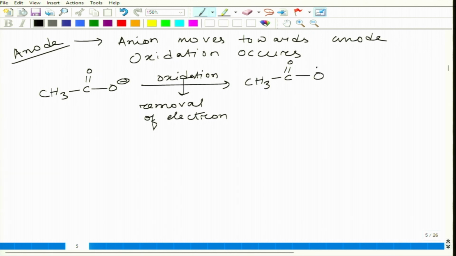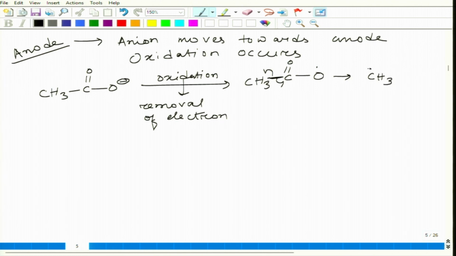Okay. We will get a radical like this. Now, this radical, what will happen? Now, homolytic fission will occur. So, this carbon-carbon bond undergoes homolytic fission.